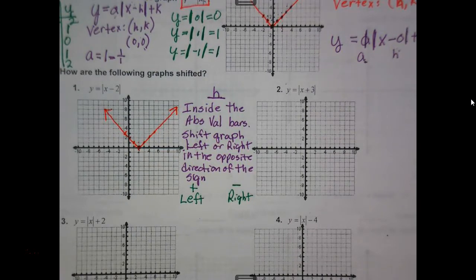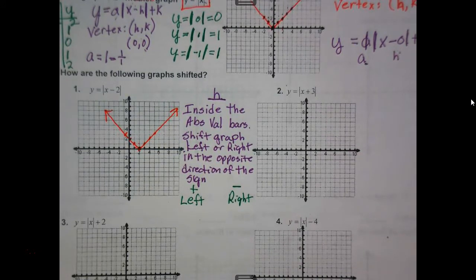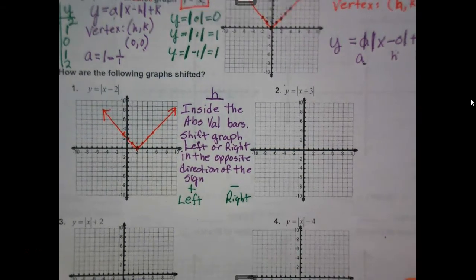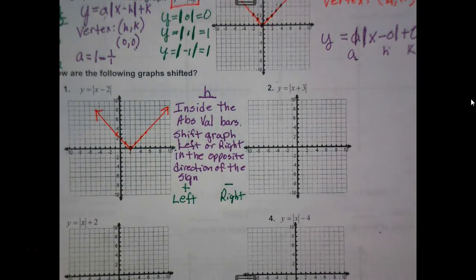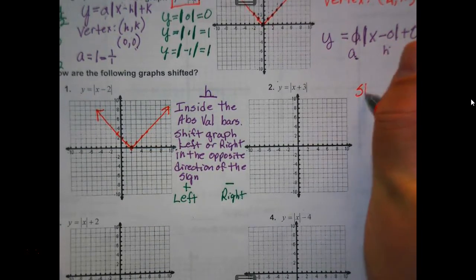All right, let me tell you why you have to go opposite the sign. Let me do number 2 first. Again, I'll tell you why in a minute. Number 2. Which way am I going to shift this? It's going to shift to the left.